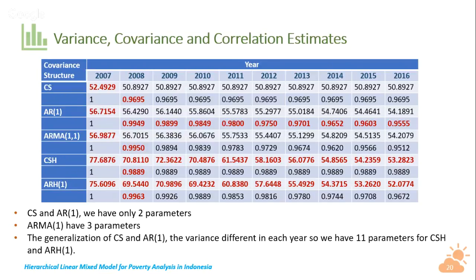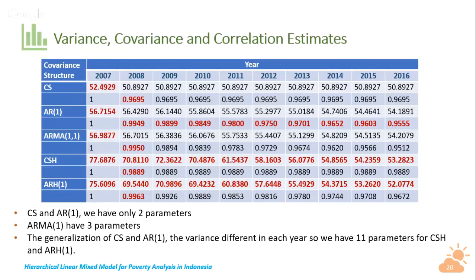Thank you for the questions from Mrs. Titi and Pak Sukim. From the first question, the benefit: the advantage of the linear mixed model first is that we can propose some covariance structure rather than the variance covariance structure that we use in ordinary least squares.